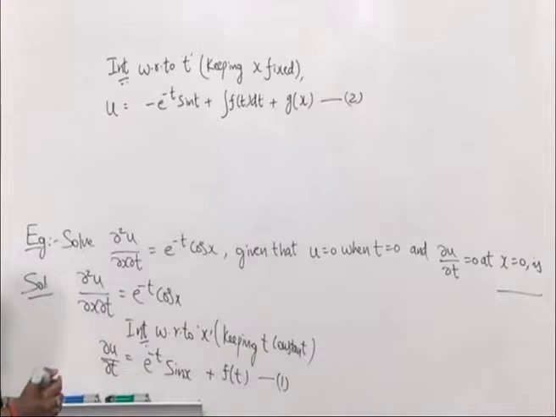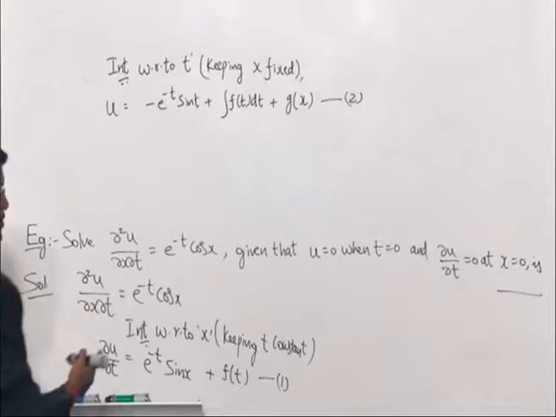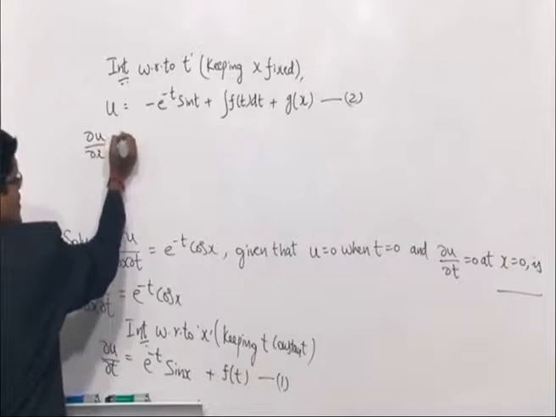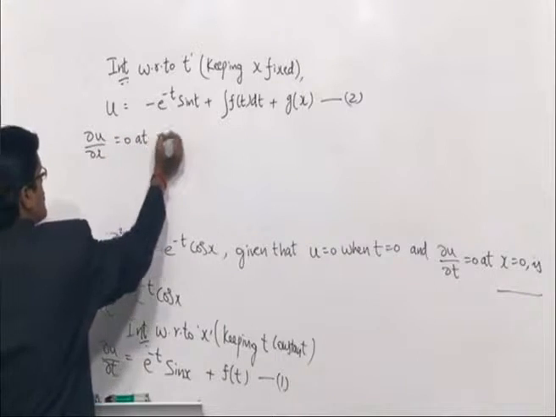Now what are the conditions? From the first: ∂u/∂t = 0 at x = 0.